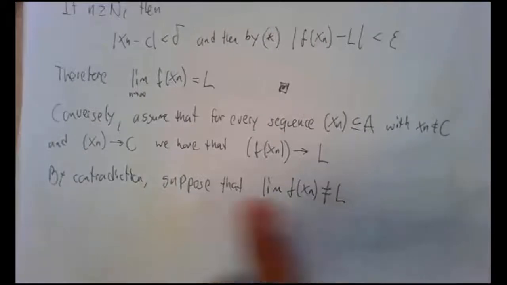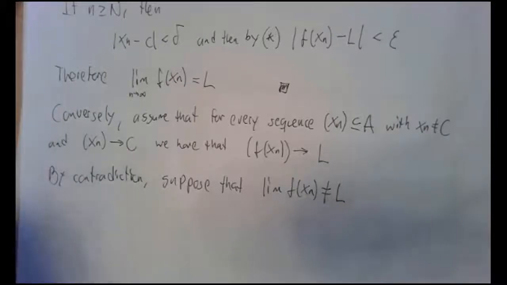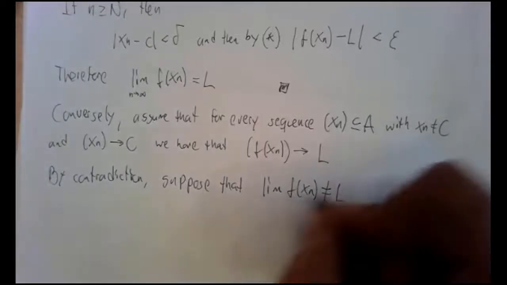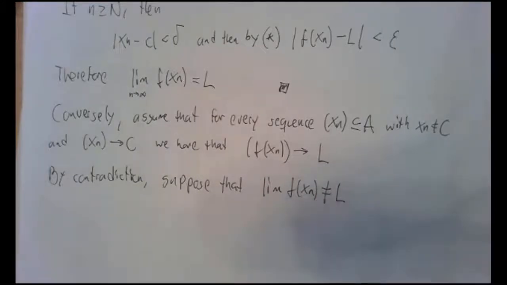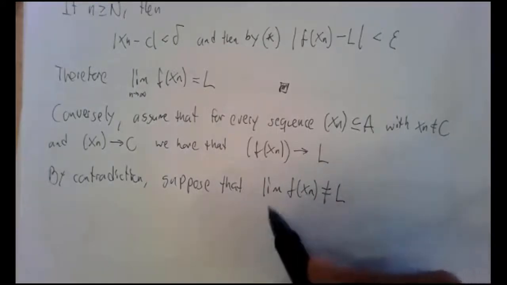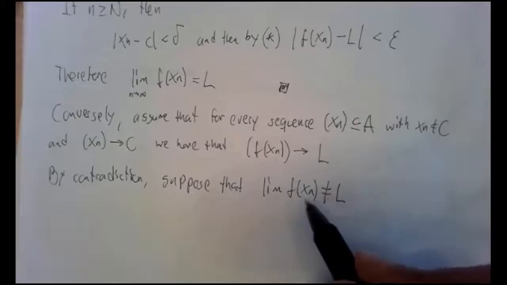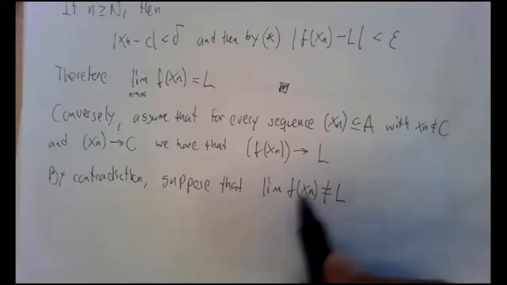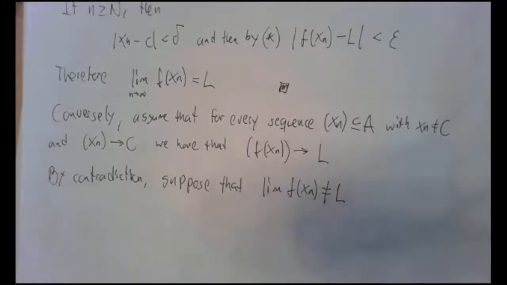We need to do the negation of this statement. The limit says for every epsilon, there is a capital N such that these two are closer than each other. What is the negation?